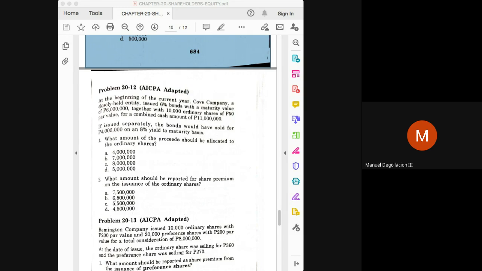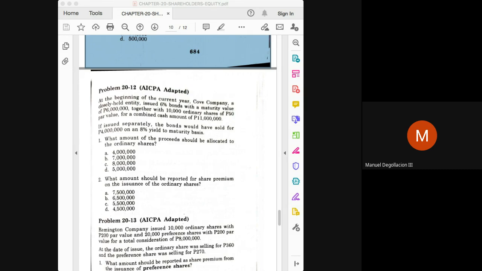So the bond would be recognized at 4 million, and the remaining amount would be allocated to the equity instrument, the ordinary shares, which would be 7 million. So 11 million, you take the entire 4 million and you are left with 7 million. So the answer to number one here for problem 20-12 would be B.